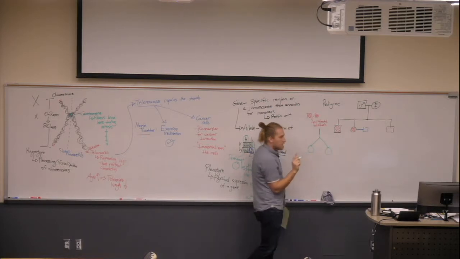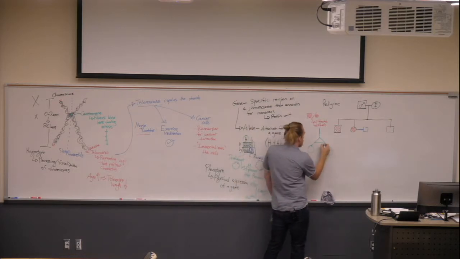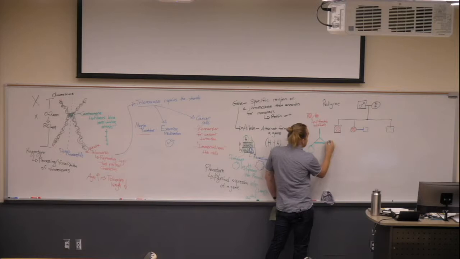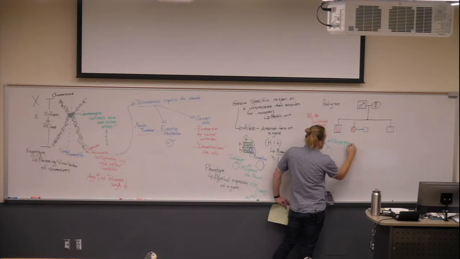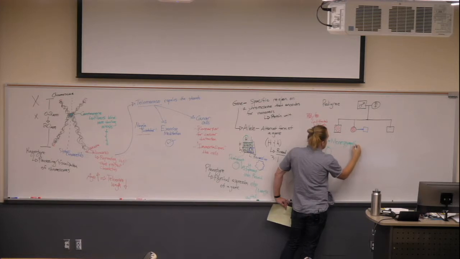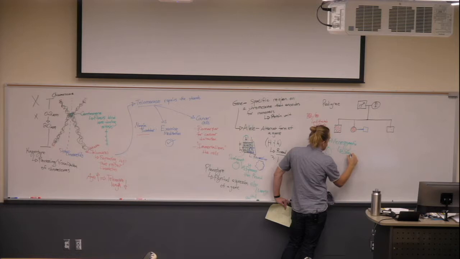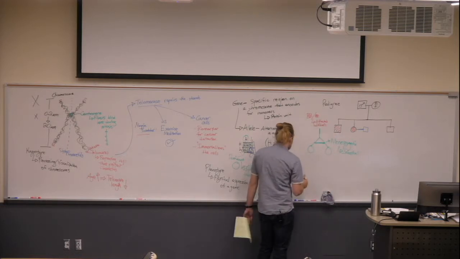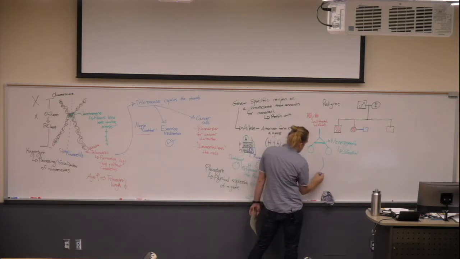If they are what is known as monozygotic, then they would have a line right here. Monozygotic, which is just a fancy word for identical. Now, if they were dizygotic, they would look like this.